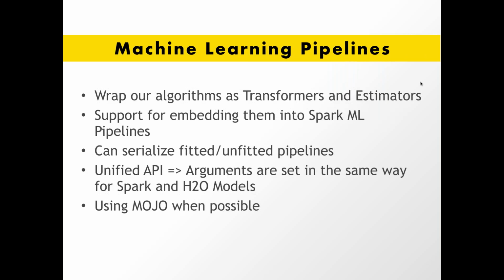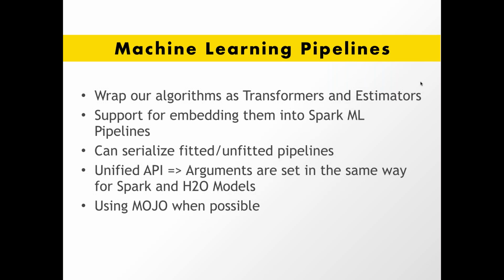The other feature, and it will be demonstrated in the demo, is machine learning pipelines. What we are doing is wrapping our algorithms, so far H2O GBM, GLM and H2O Deep Learning, inside of Spark transformers and estimators.